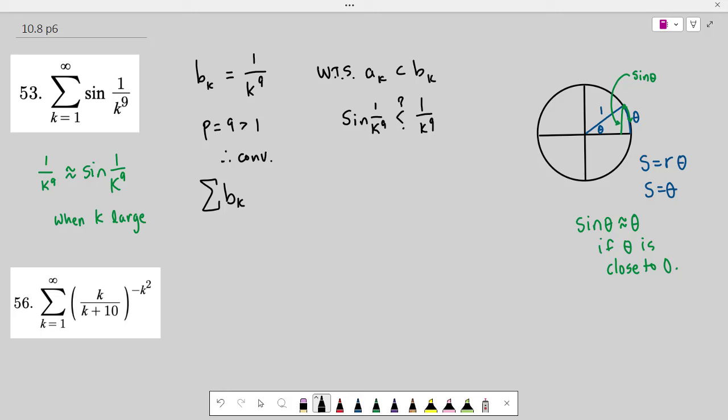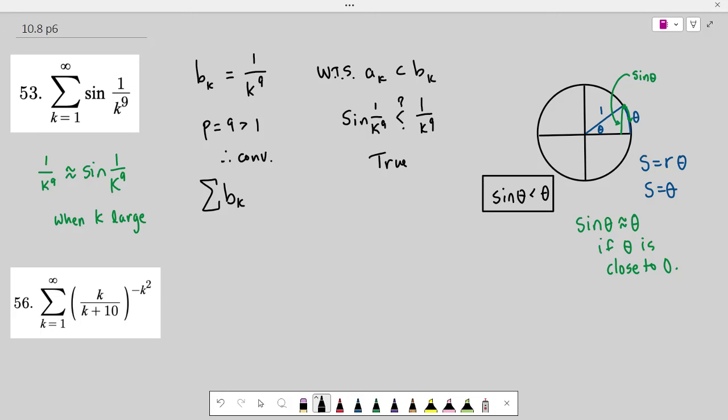So this is true because of that picture right there. There are calculus ways to prove it more airtightly, but it's totally fine to know that sine of theta is less than theta.